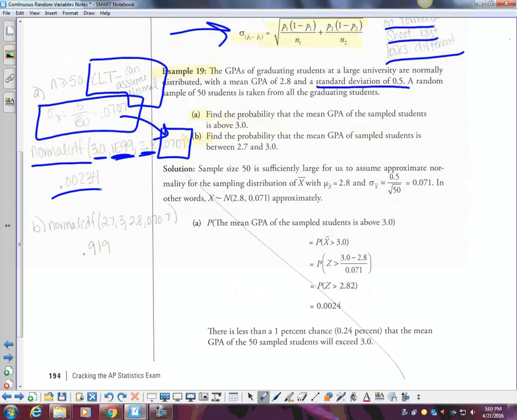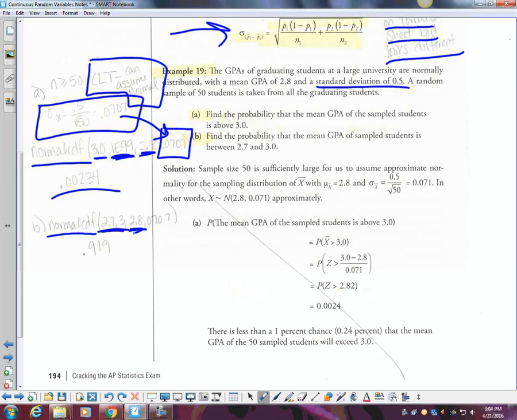So then you would write a nice little sentence about 0.234% of the sampled students would have a mean GPA of above a 3.0. Find the probability that the mean GPA of sampled students is between a 2.7 and a 3.0. So I'm using normal CDF from 2.7 to 3.0, and everything else stays the same.